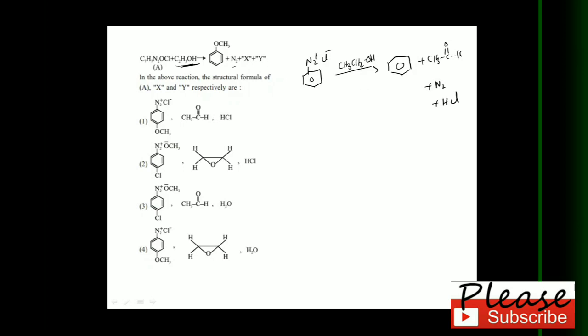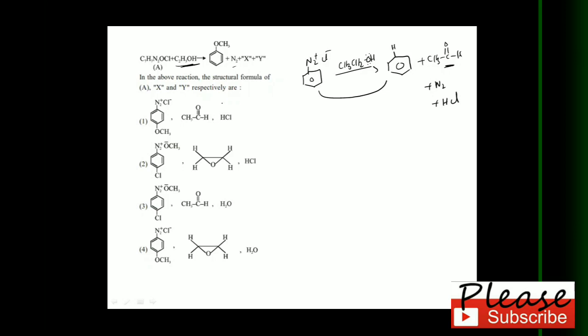So ethyl alcohol, CH3CH2OH, is a reducing agent here. The benzene diazonium chloride is reduced to benzene, while ethyl alcohol is oxidized to the aldehyde.